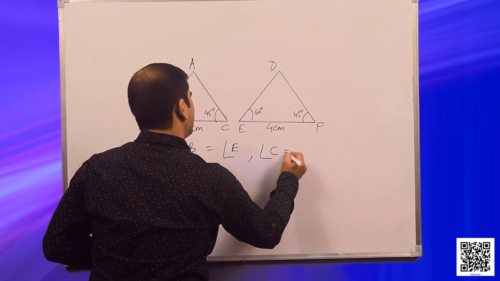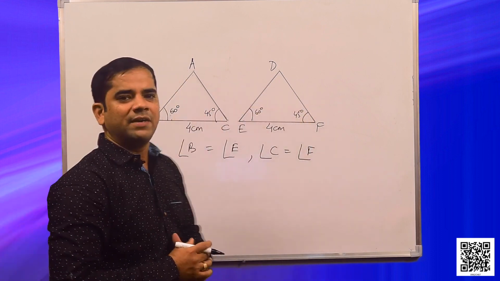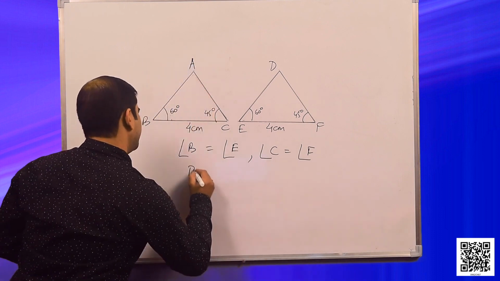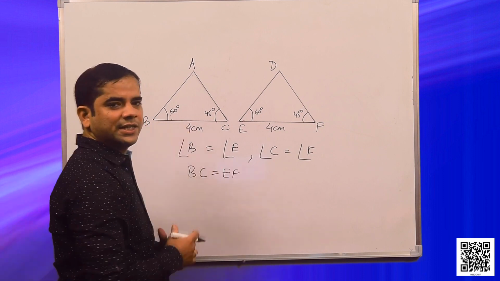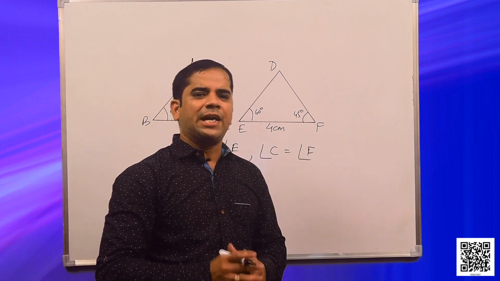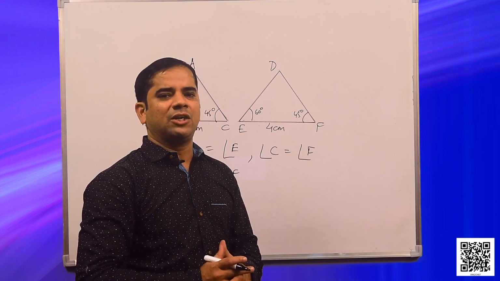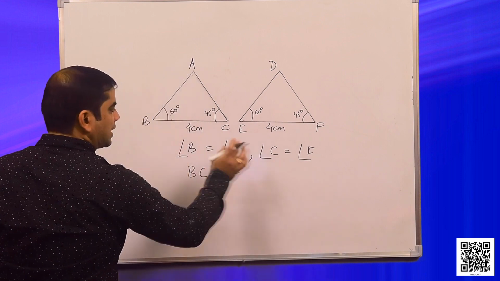Angle C is equal to angle F, 45 degrees and 45 degrees. And BC is equal to EF, that is 4 centimeters. So, we need to prove that triangle ABC is congruent to triangle DEF. So, these all are your given data.